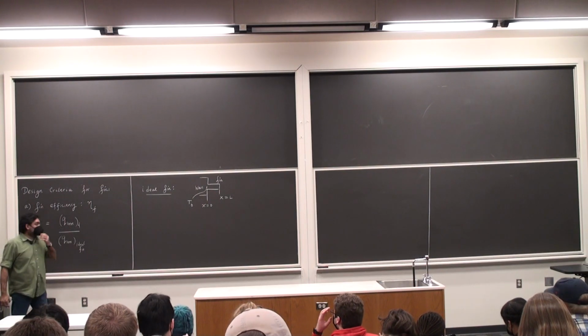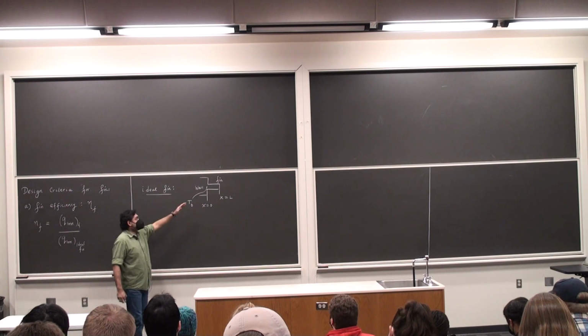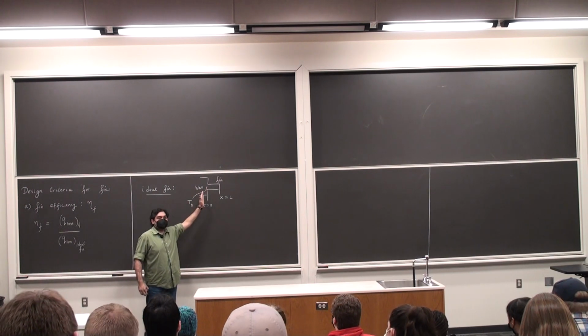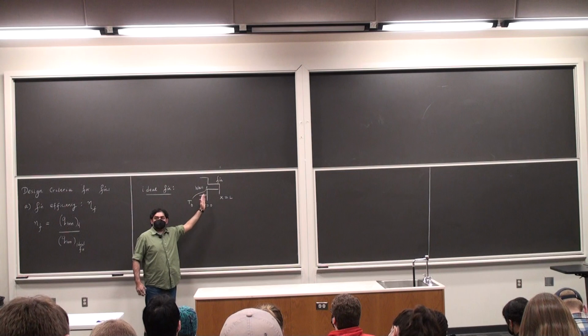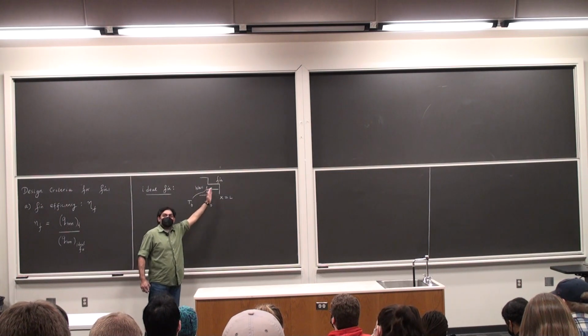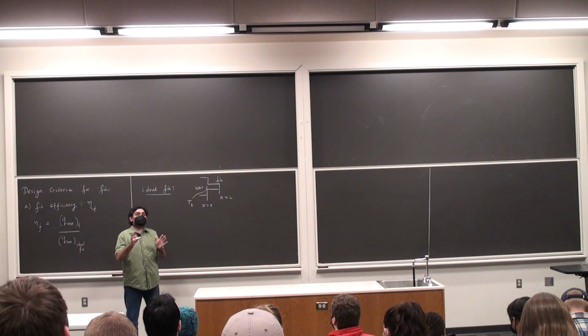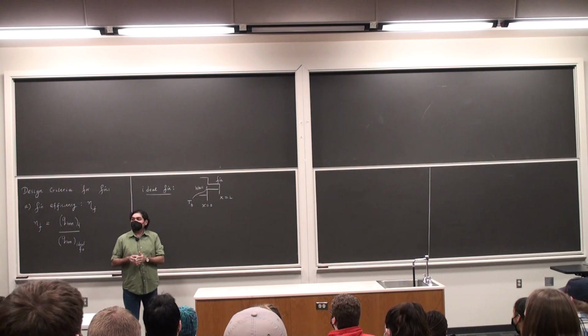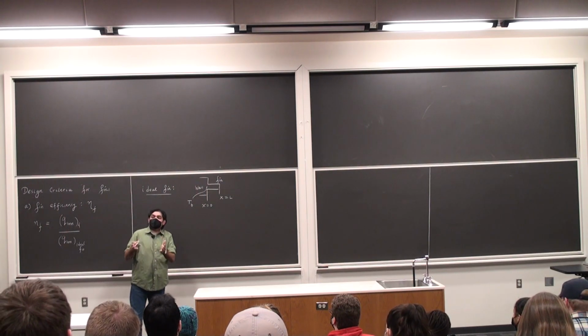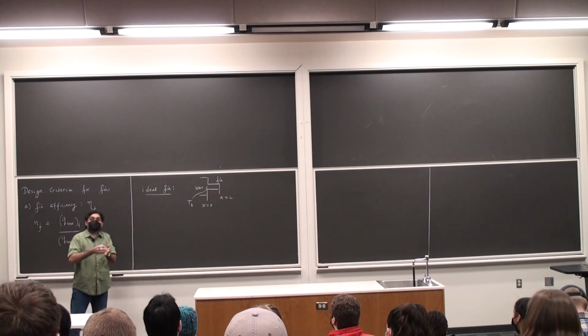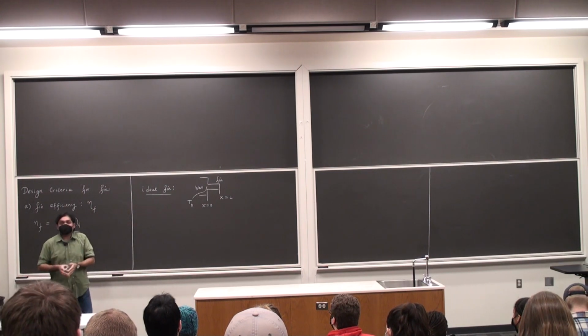And why is this a good thing? It is because the largest temperature occurring on the fin is at its base, since it's a cooling fin. So if the temperature all along the length of the fin is equal to the base temperature, then I'm going to have the maximum cooling effect from using this particular fin, which is the convective heat transfer rate, h times A times the base temperature minus the ambient temperature.